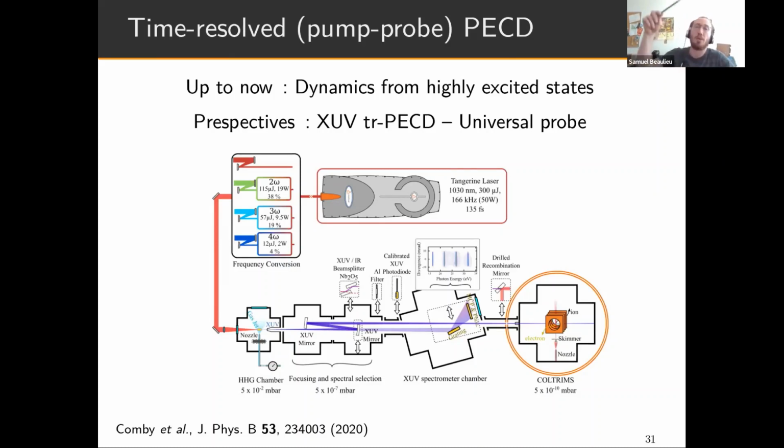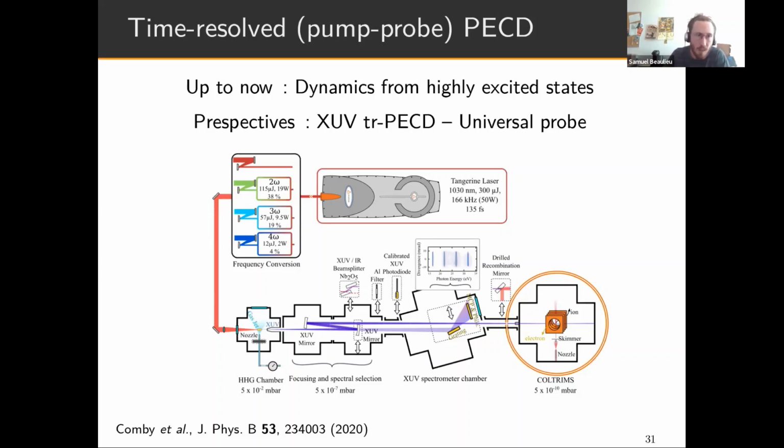So you don't need to go through Rydberg states to be able to photoionize afterwards using visible or UV pulses. And this kind of setup has been developed here in Bordeaux, and also features a COLTRIMS detector. This is in order to detect not only the photoelectron angular distribution, but also to detect in coincidence the photoion from which it originates.